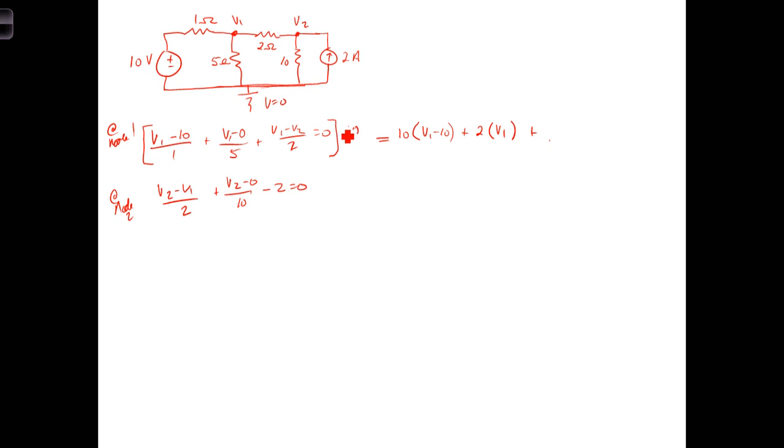Plus 10 times this term right here. The 10 divided by 2 is a factor of 5, multiplying V1 minus V2, and that then equals 0.